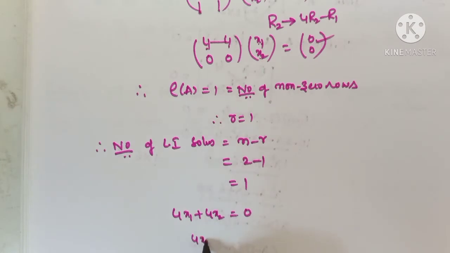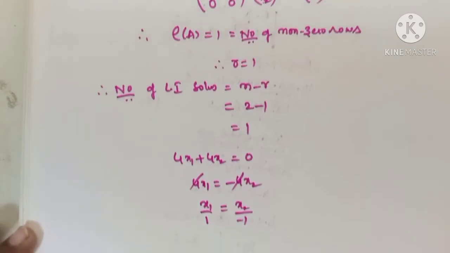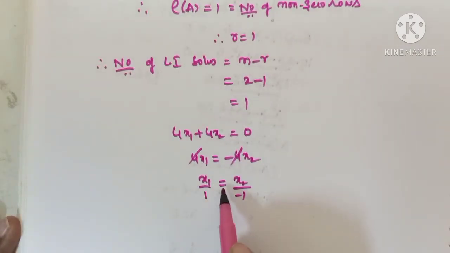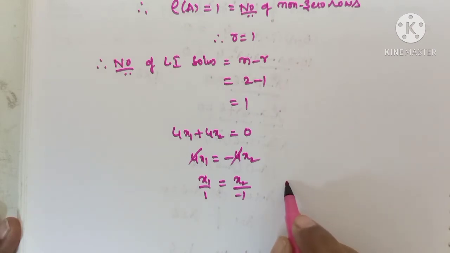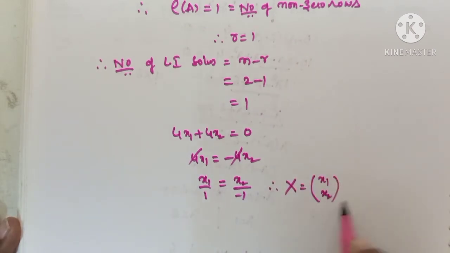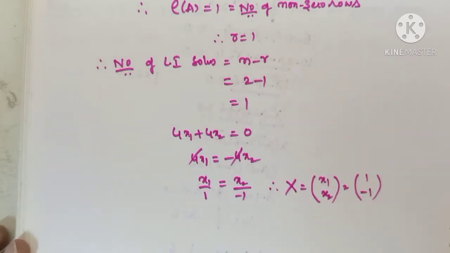Therefore 4x1 equal to minus 4x2. Cancel 4. x1 by 1 is equal to x2 by minus 1. We can write this also as x1 by minus 1 equal to x2 by 1. Therefore, capital X is equal to (x1, x2), that is (1, minus 1). This is the characteristic vector.